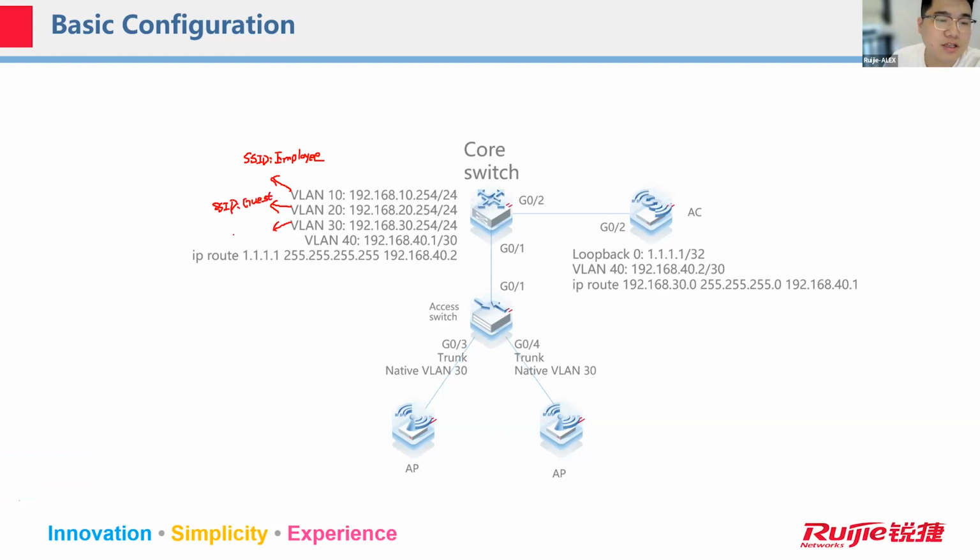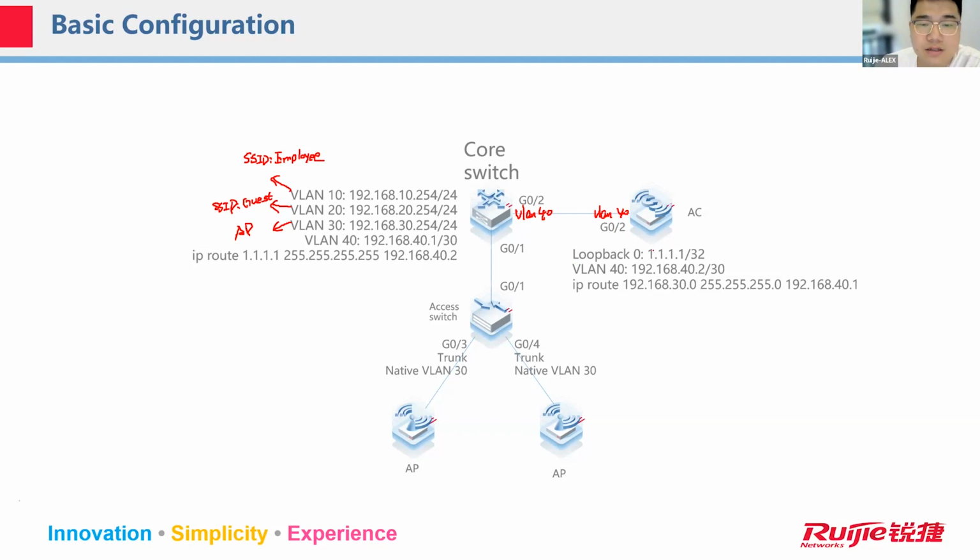VLAN 30 is the VLAN for all the APs, and VLAN 40 is the VLAN we use between the AC and the switch, because here is a layer 3 connection, layer 3 interconnection. So we should have an interconnection address for the AC and the core switch.